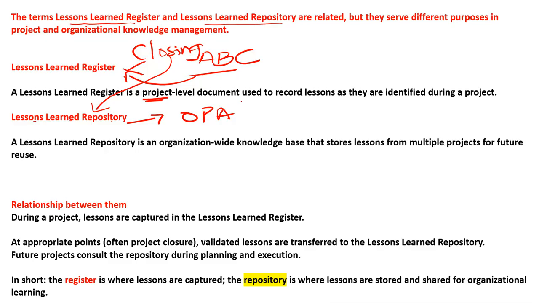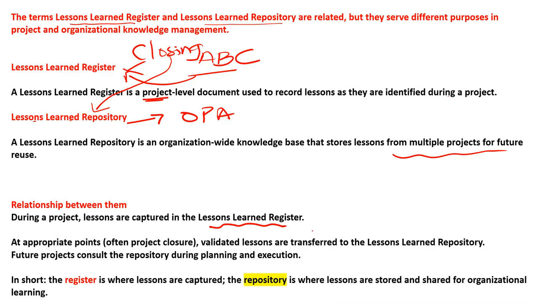The register is a project-level document used to record lessons as they are identified during the project. The OPA lessons learned repository is an organization-wide knowledge base that stores lessons from multiple projects for future reuse. What is the relationship between these two? During a project, lessons are captured in the lessons learned register. In a particular project where you are working, whatever lessons you learn, you write down in the register.